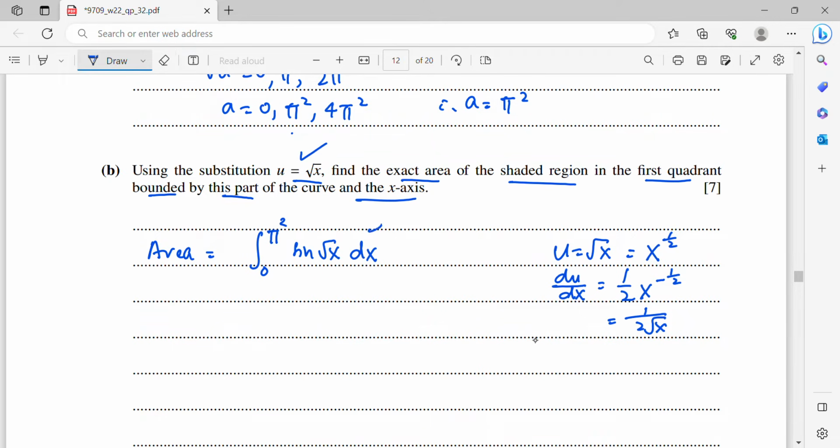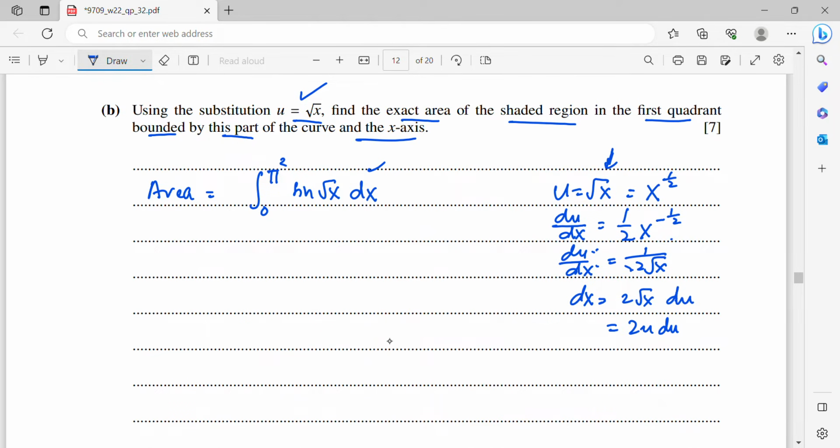Okay, and now we need to get dx. So here is du over dx. So now your dx is 2 root x du. So you move up and this 2 root x moves to the left hand side. At the same time, your root x is u, the square root x. So I will get 2u du. That is our dx. And don't forget to change the limits.